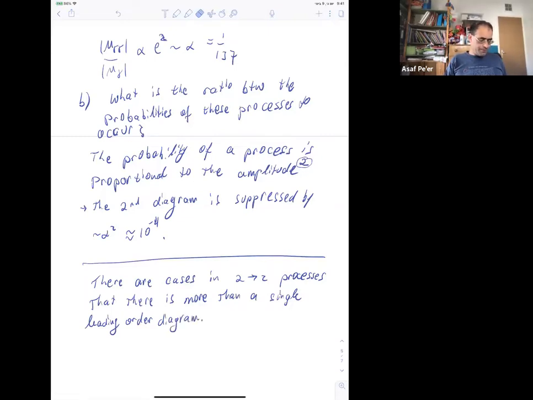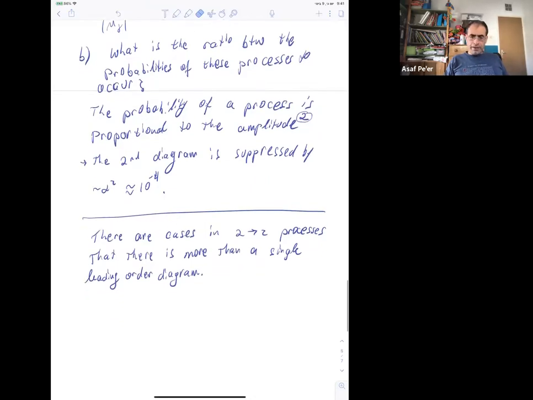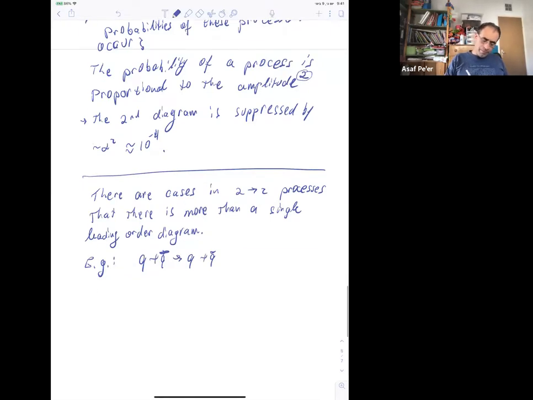For example, when we have the Q plus Q bar scattering, then we have two leading order diagrams.